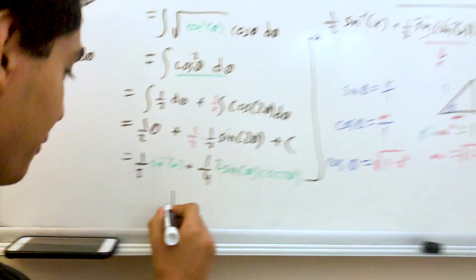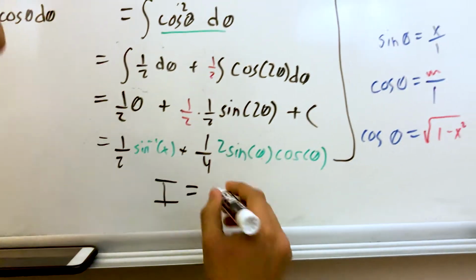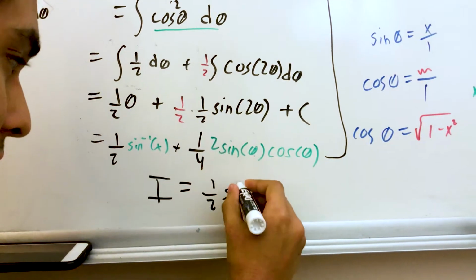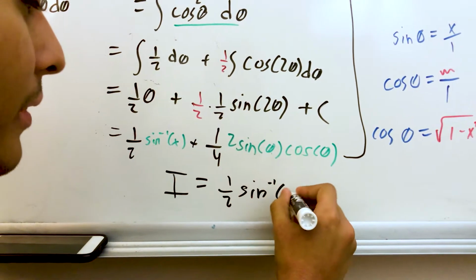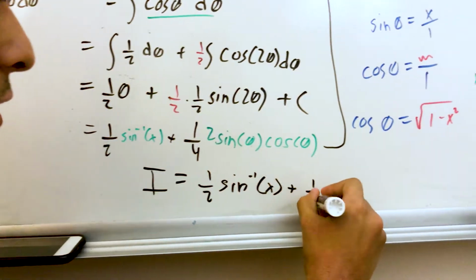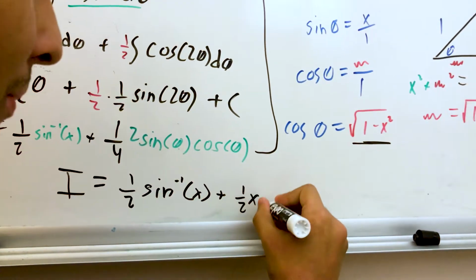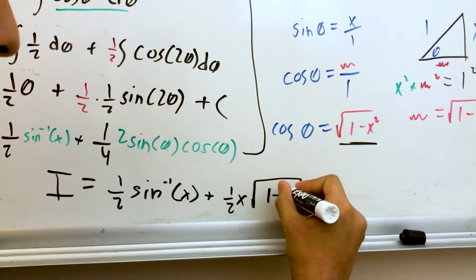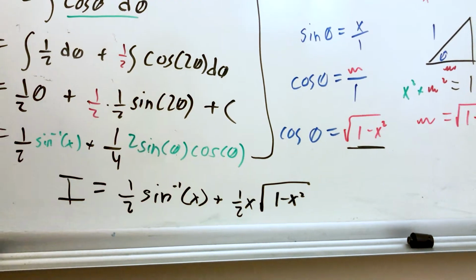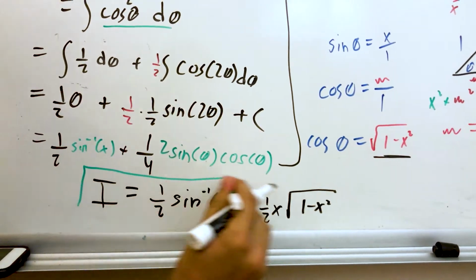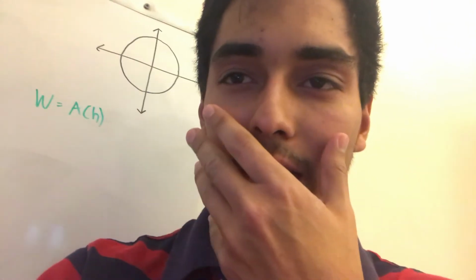The overall answer for the integral is 1/2 times sine inverse of x plus 1/2 x times the square root of 1 minus x squared. And we are done.